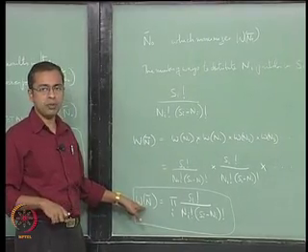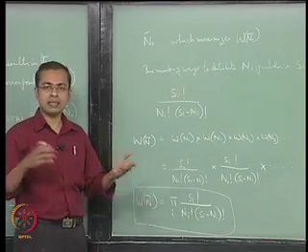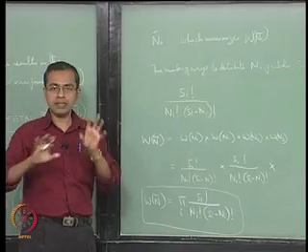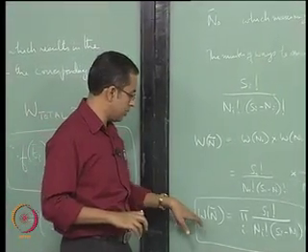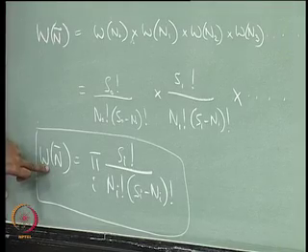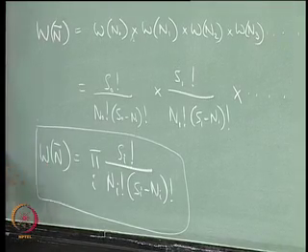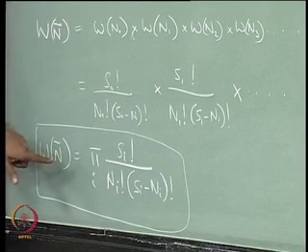It turns out that the form of W n bar is such that if you maximize W n bar, it is the same as maximizing ln W n bar. Both those functions behave in essentially the same way, they both monotonically increase, so to speak. Mathematically it is easier to handle ln W n bar, so we just look at ln W n bar.